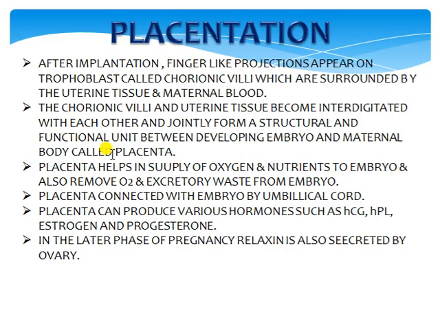After gastrulation, the next and most important step is placentation. What is placentation actually? After implantation, finger-like projections start appearing on the trophoblast layer, commonly known as chorionic villi, which are surrounded by the uterine tissue and maternal blood also.